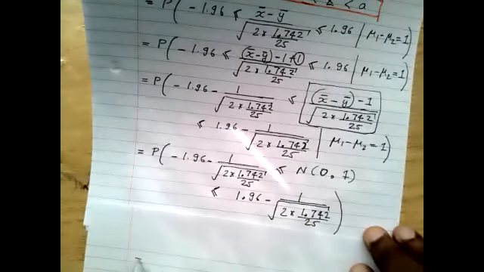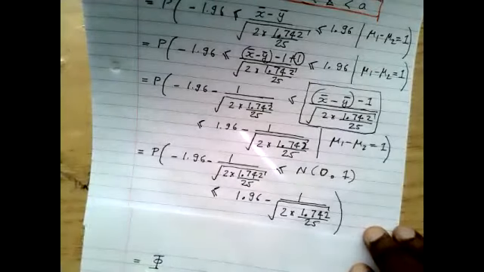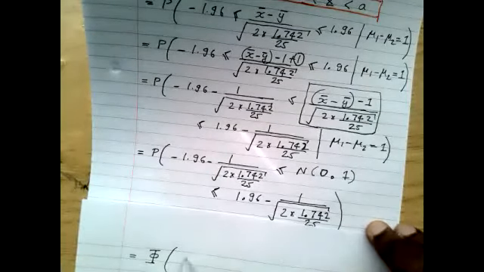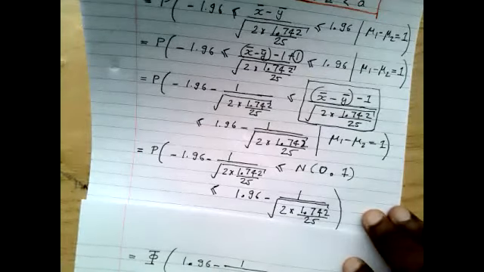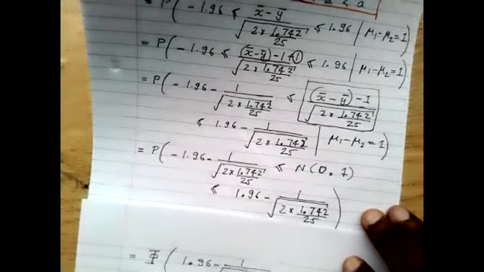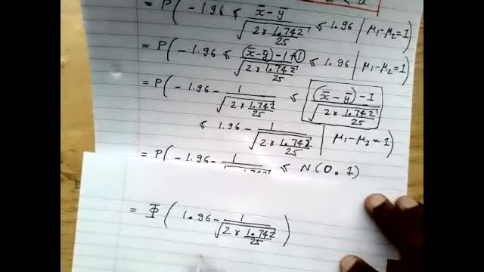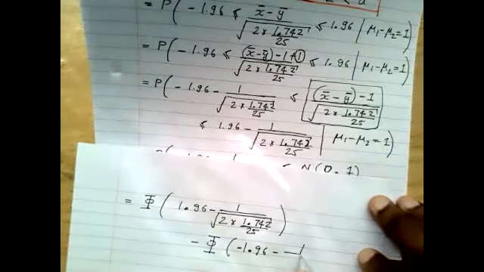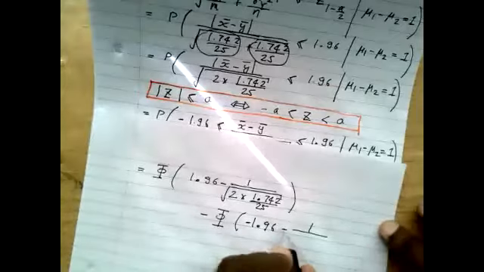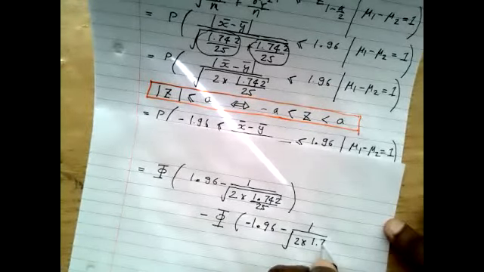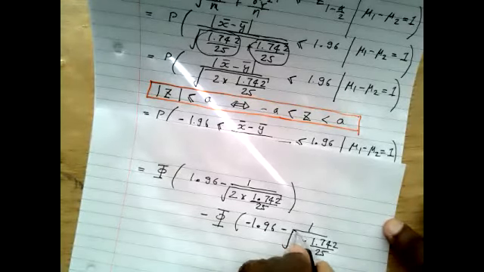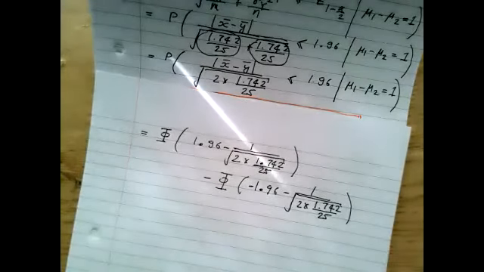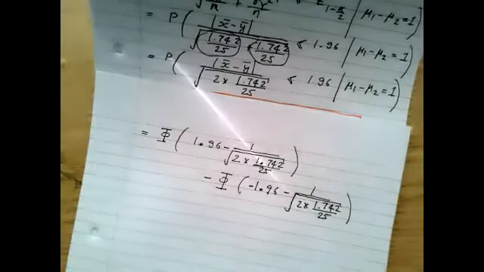If you rewrite this in terms of the phi function, you get the difference of phi at 1.96, take away, minus phi at minus 1.96, take away this, right?